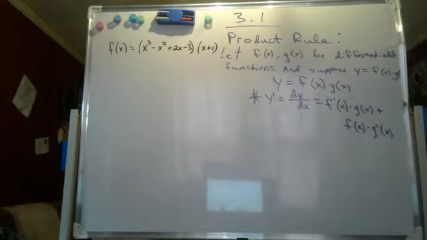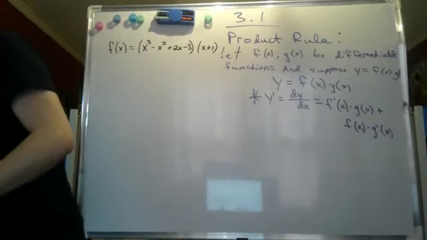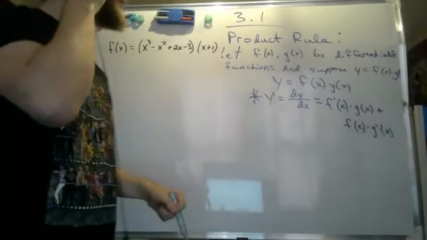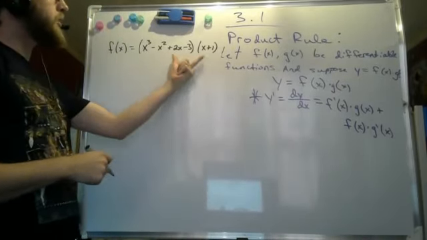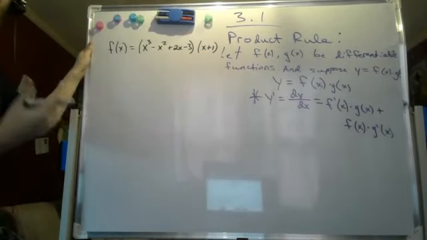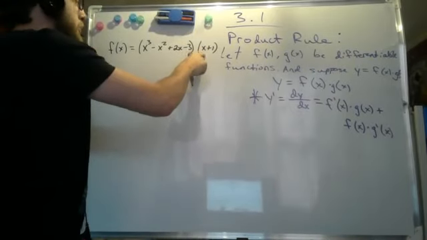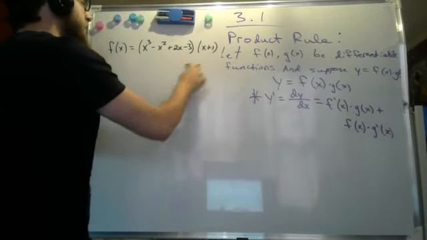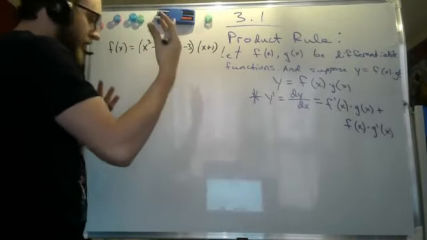Now, as it currently stands, without using the product rule, the only other way we could solve this would be if we were to multiply this all out. But you can quite clearly see that that's going to get pretty messy pretty fast, because then you got to multiply x times this, times this, times this, and you got to multiply 1 times that, times that, times that, add it all together.